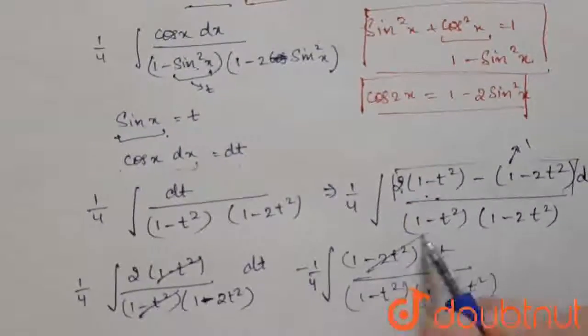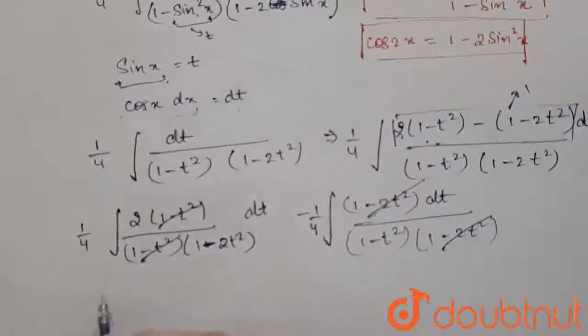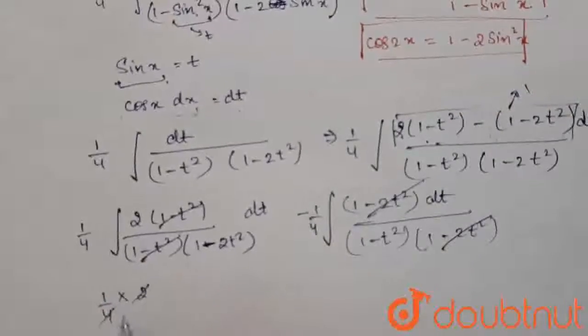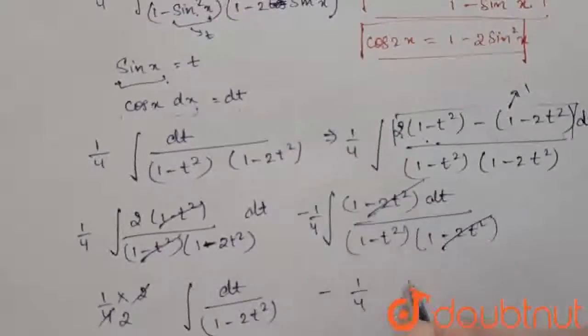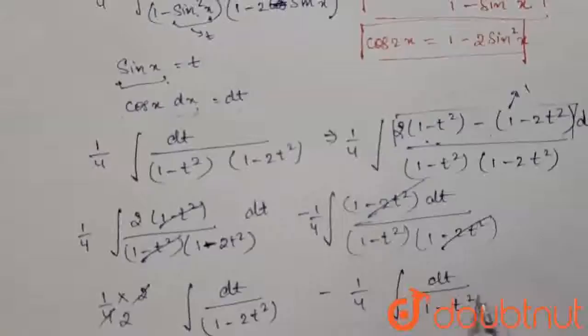Here 1 minus 2t square will get cancelled out. Now what we are having, 1 upon 4 times, this 2 is a constant, so it will come out of the integration and it will be 1 upon 2. Integration of dt upon 1 minus 2t square minus 1 by 4 times integration of dt upon 1 minus t square.